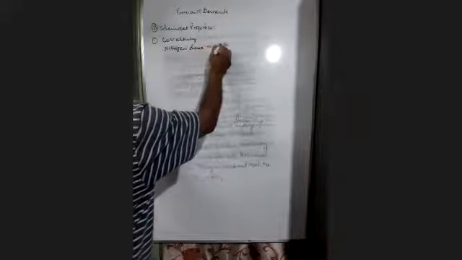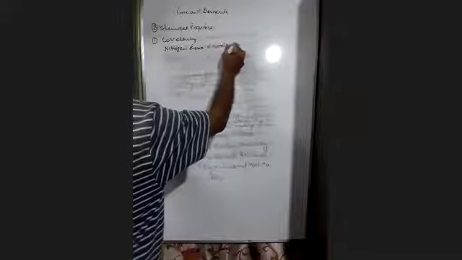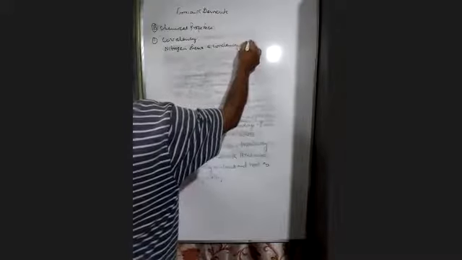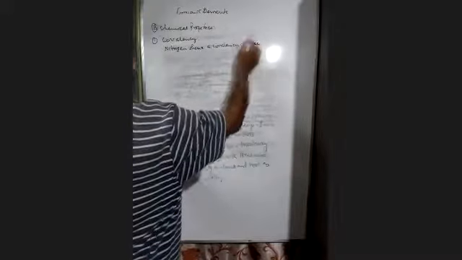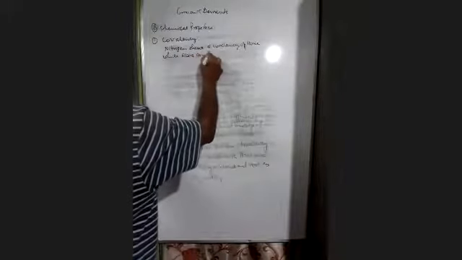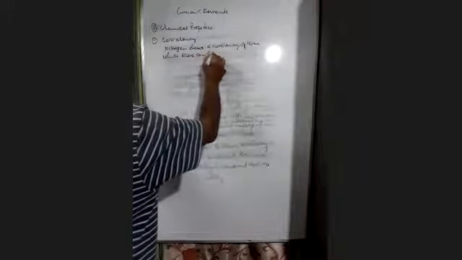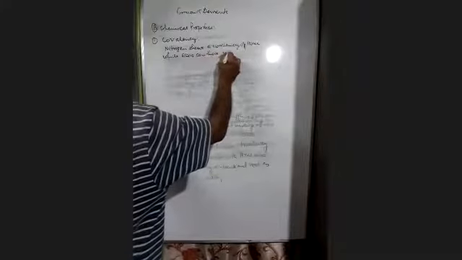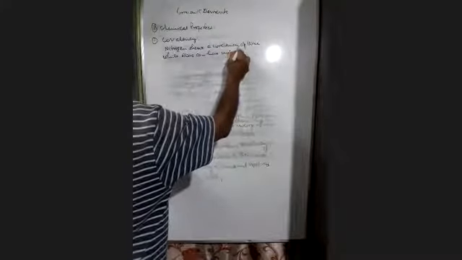Nitrogen shows a covalency of 3, whereas others can have up to 5.